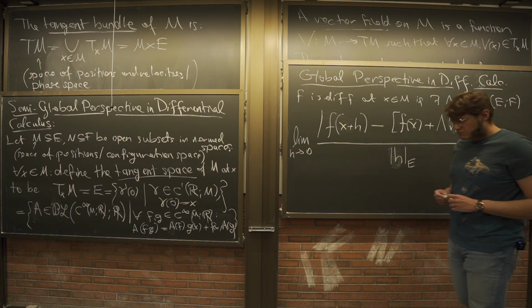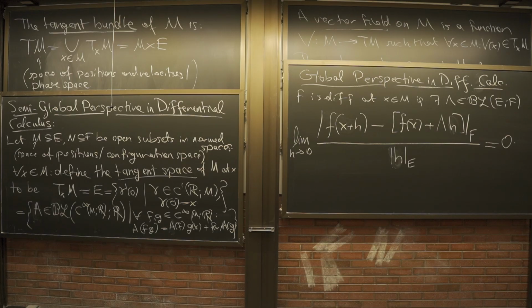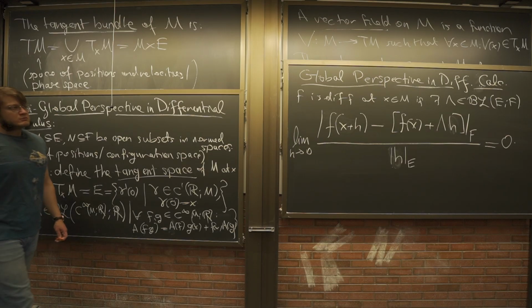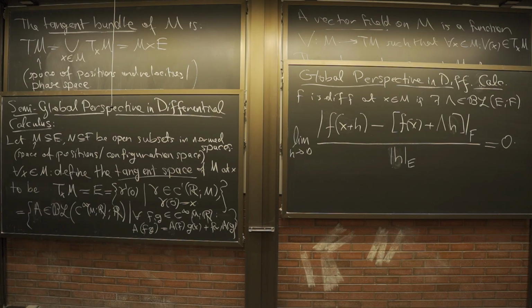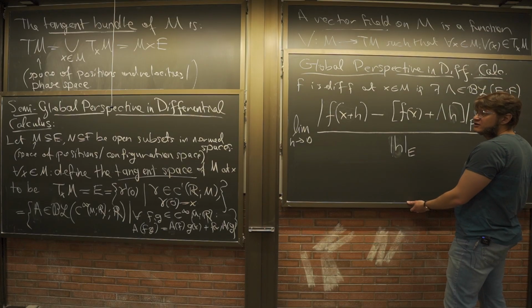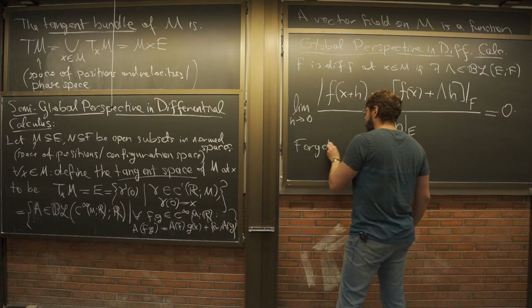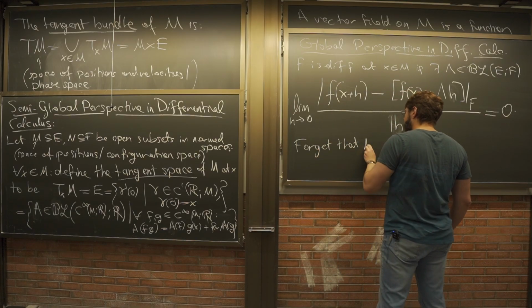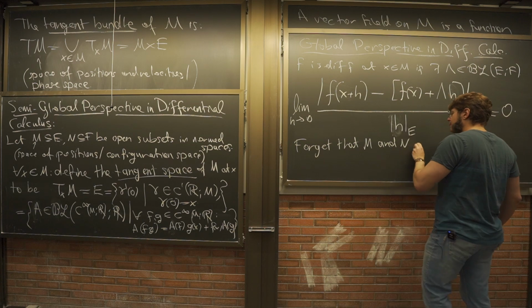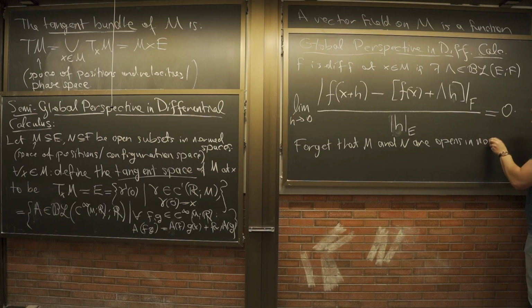Now, I want to try to reinterpret this so that it makes sense in a much more general setting. Say now, let's forget that M and N are open subsets in normed spaces. Instead, well, there's going to be a limit ultimately again.